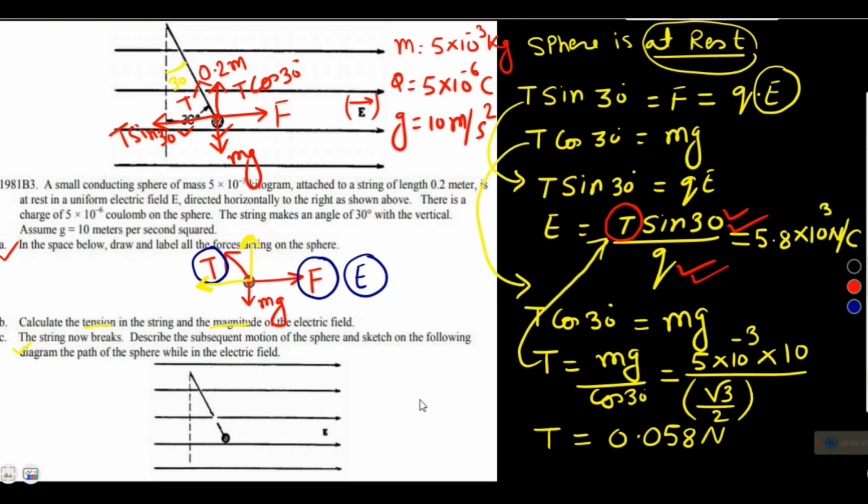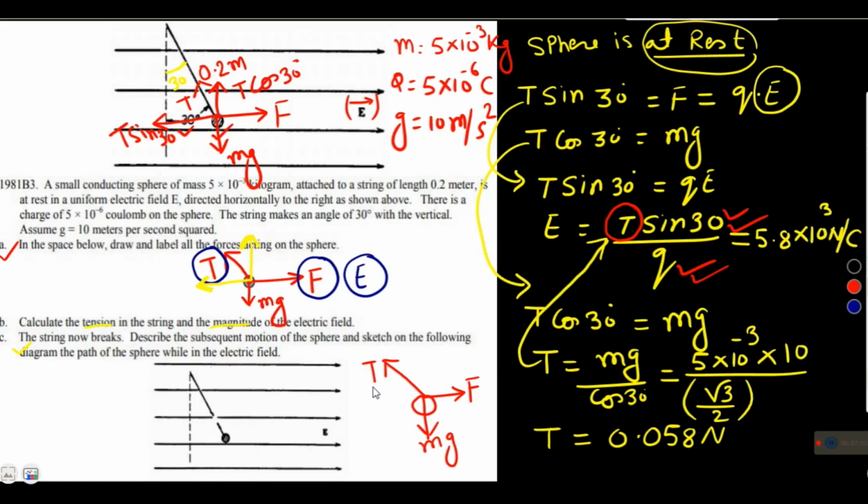Please see, friends, this was your sphere, this was your tension, this was your mg, and this was your electrostatic force, and all these three forces combined balanced, right?